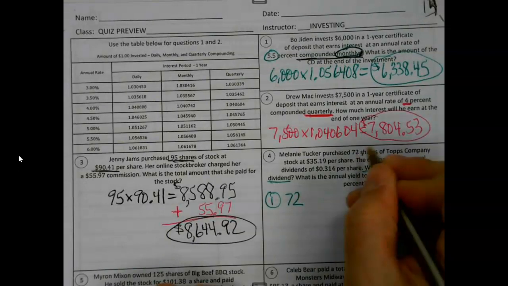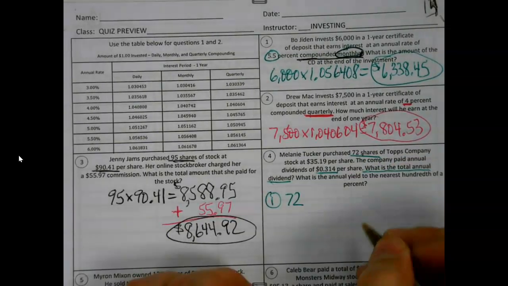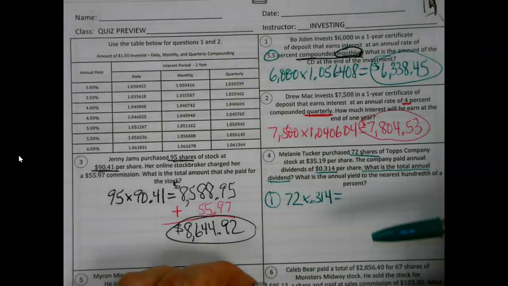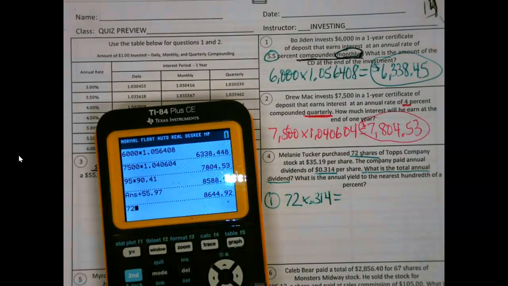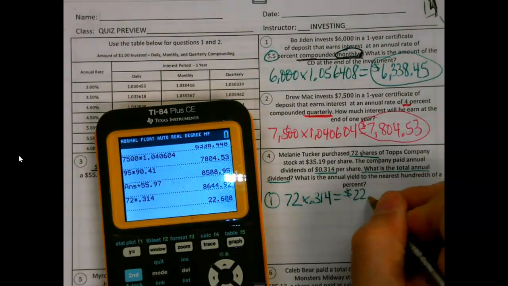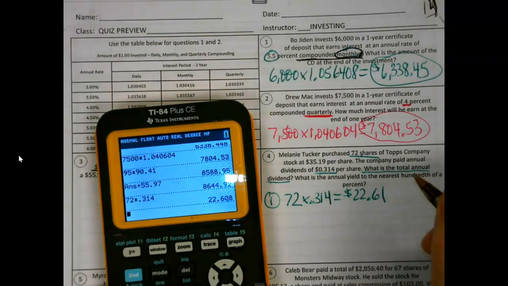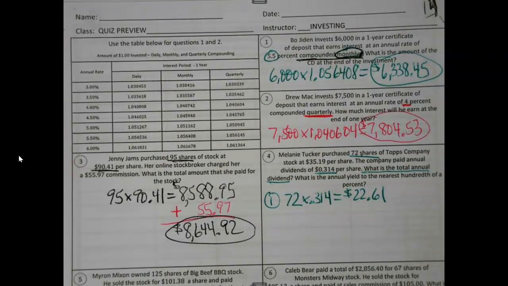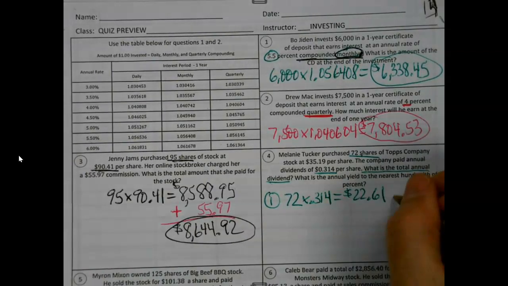So I'd take my shares times how much I get per share. But that's it. So when dividends are paid out once a year, I'm just making sure I did my decimaling correctly here. So that would be the dividend I would receive.